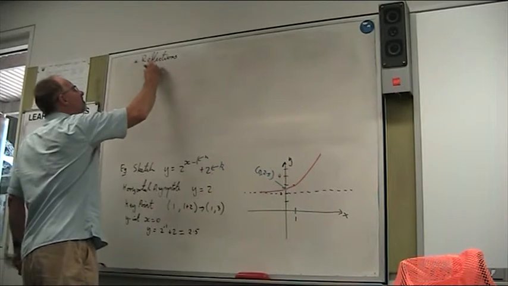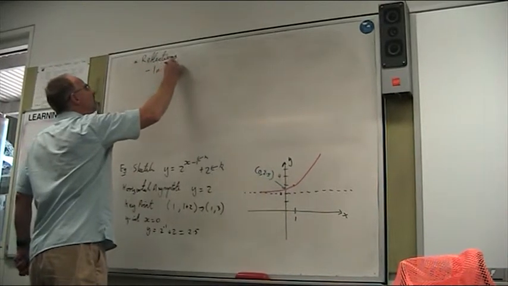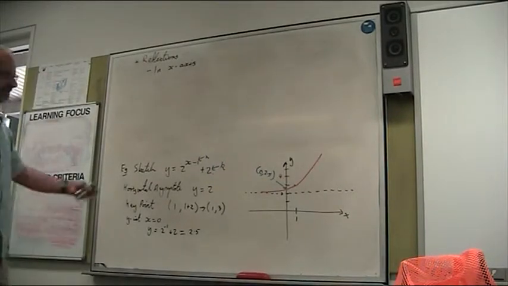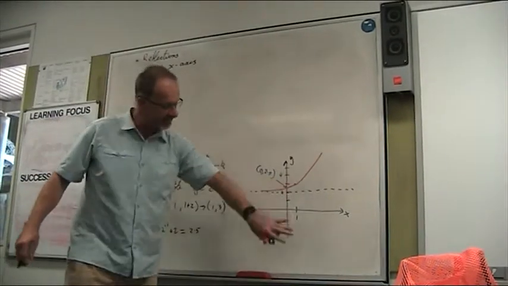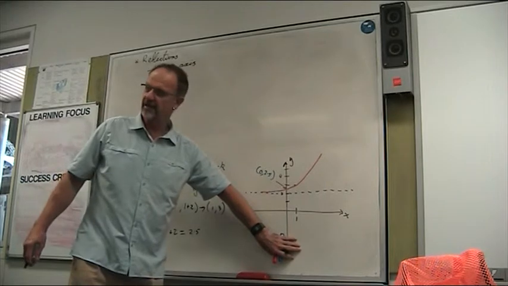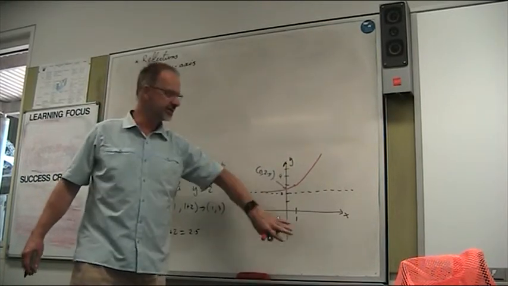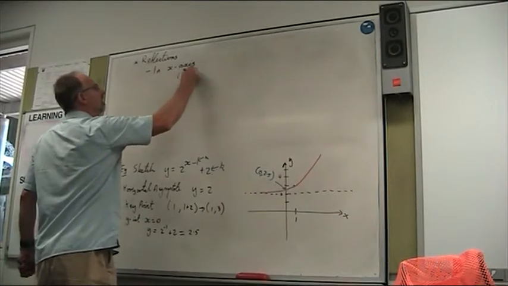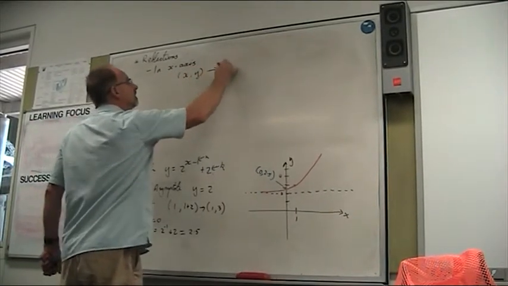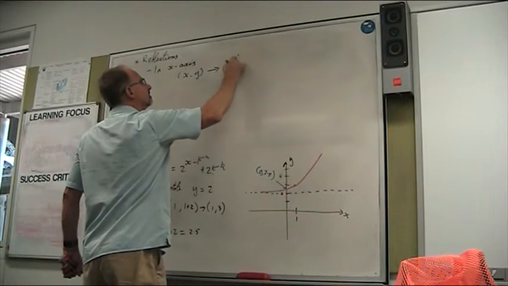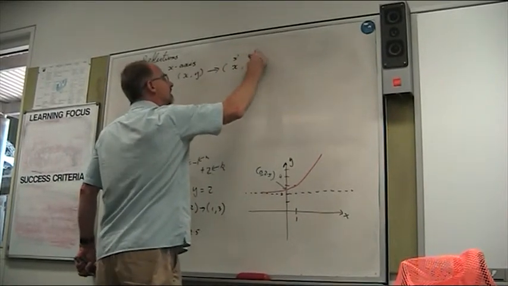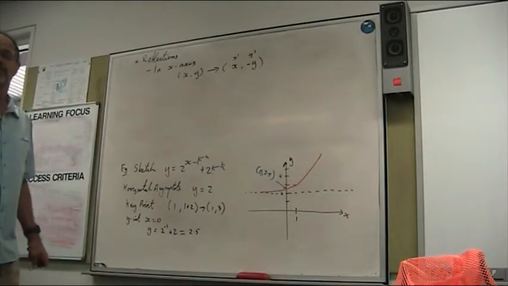So there's two types of reflections that could happen. Firstly, in the x-axis. So if it's in the x-axis, it gets reflected down to here. So all the y values change to negative. So x and y, the new x stays the same as the old one, but the new y is the negative of the old one.